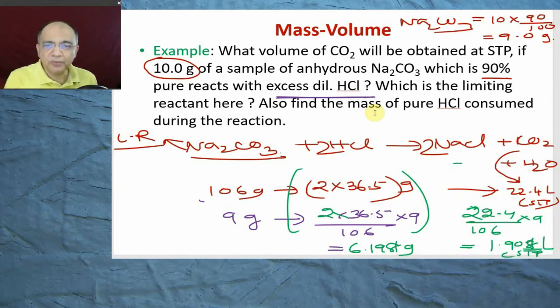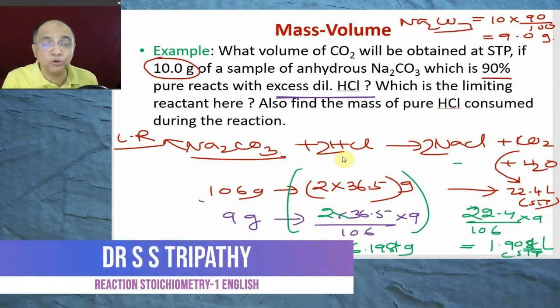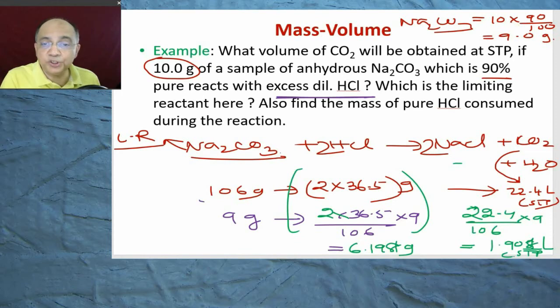Now, write the equation. Sodium carbonate and HCl giving you carbon dioxide. Any carbonate with any non-oxidizing mineral acid, you know, is one of the 11 metathesis reactions that we have discussed in our LOC program. So we have balanced it. Limiting reactant is sodium carbonate, but how much sodium carbonate is really there in the sample?